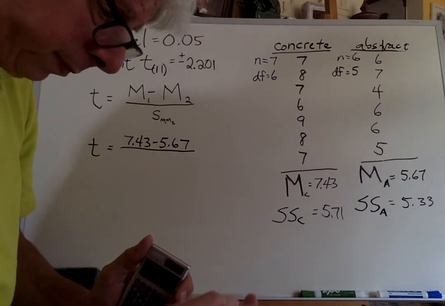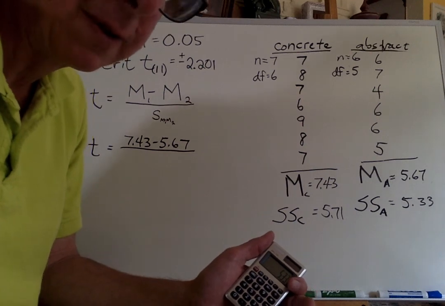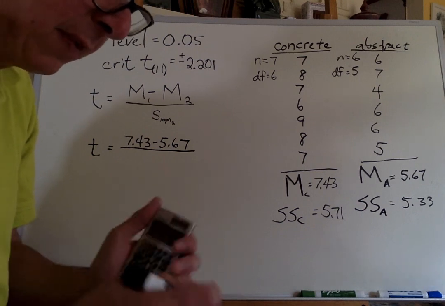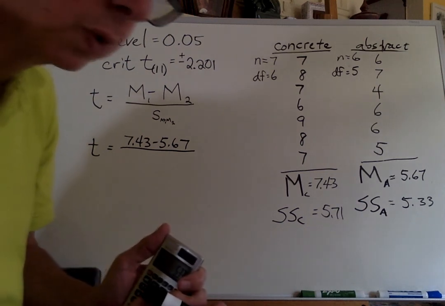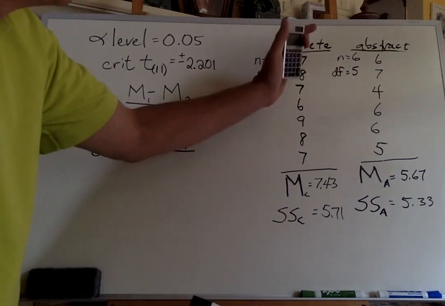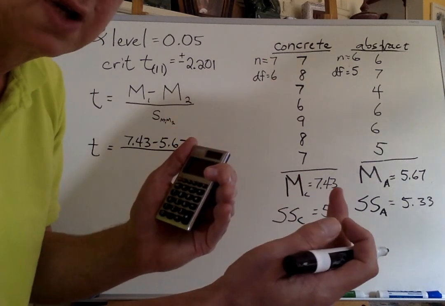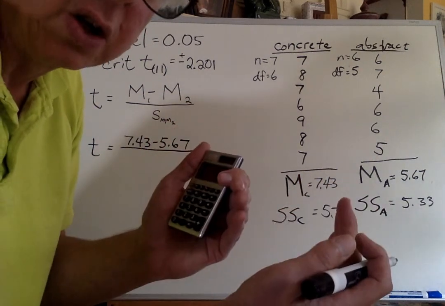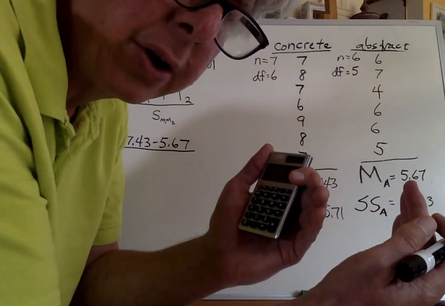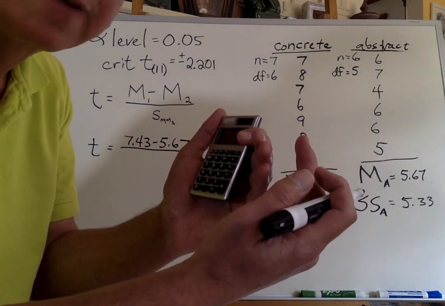Okay? The question is, well, what if they came from different populations? Well, everybody remember? Even if they came from different populations, what we're going to assume is that the treatment, in this case, rather than concrete, if we give abstract, the treatment will cause the recall distribution to shift downward or upward, but it won't cause changes in the variability.